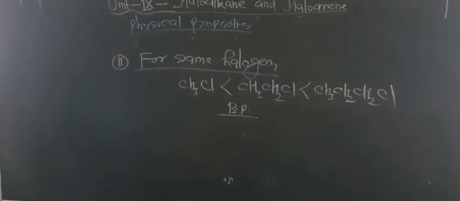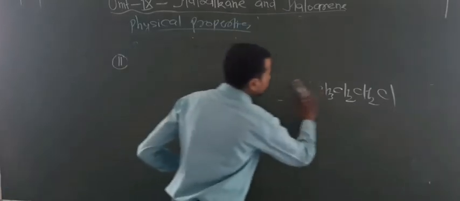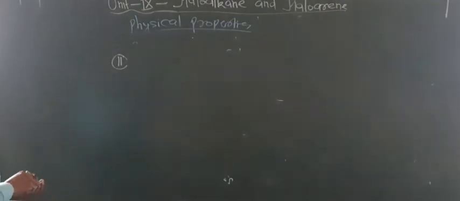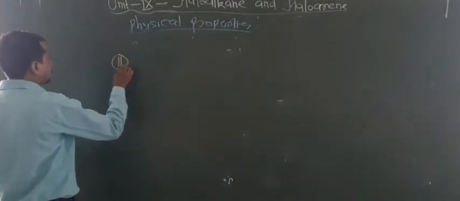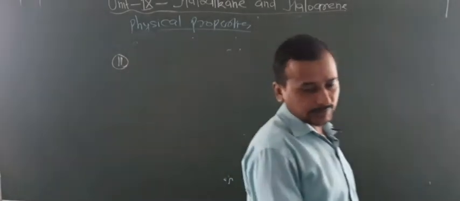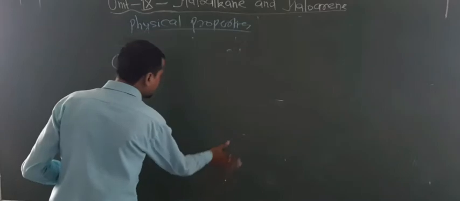Now next point, for isomeric haloalkanes. These points you can also use in further chapters, in the case of alcohols and amines also.